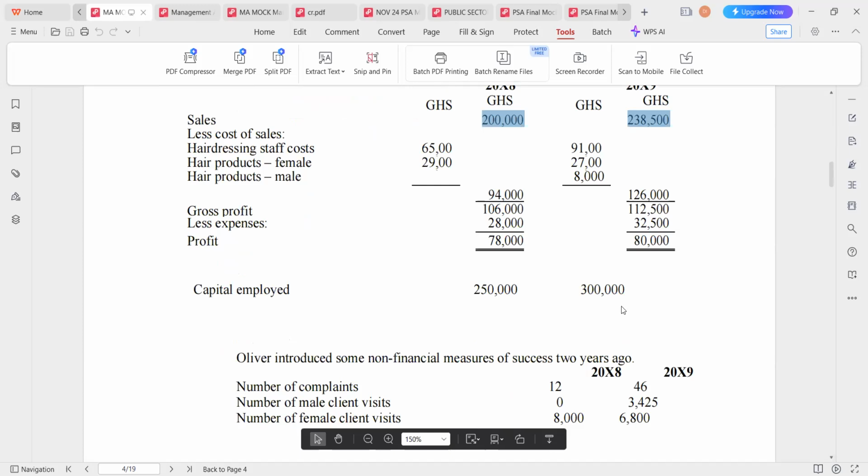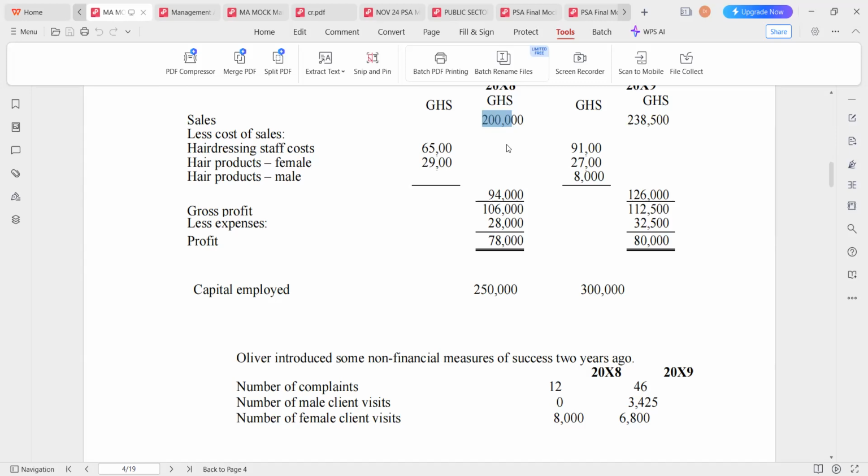How many clients were served in 2018? 8,000. Good. So if I served 8,000 female clients, I didn't serve any male, and I charged a revenue of 200,000.